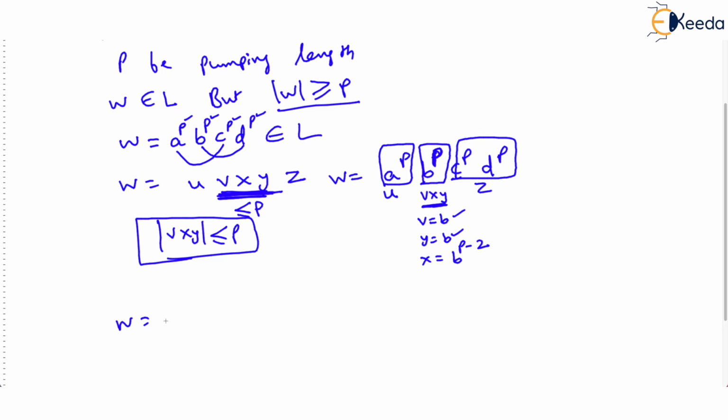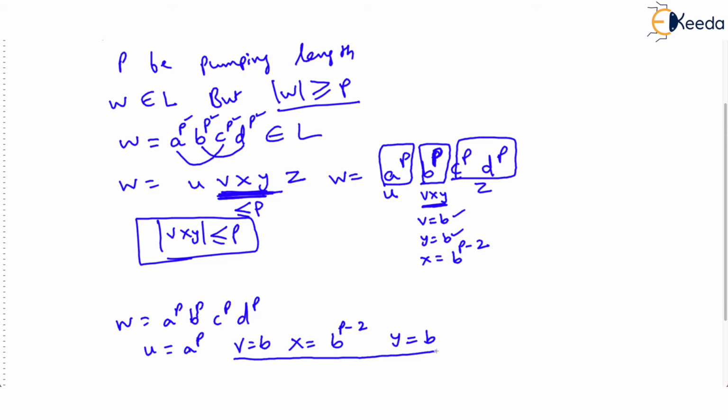The w, which was a raised to P, b raised to P, c raised to P, d raised to P, has been broken in such a way that u is a raised to P, v is a single b, x is b raised to P minus 2, y is a single b. Note, vxy taken together is exactly P characters, and that's the rule. It can be at most P. And z is c raised to P followed by d raised to P.